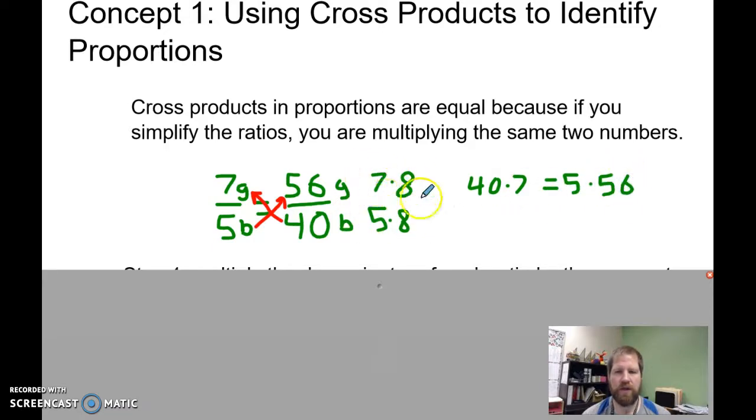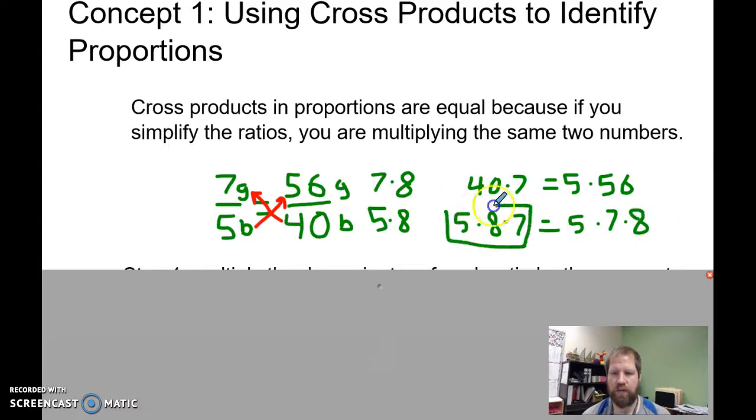Well, if I look back to where I've already factored those, this is basically 7 times 5 times 8, and this one is 5 times 56, which is 5 times 7 times 8, and you can see that I have the same numbers that I'm multiplying together. So these are going to be equal. That's basically what you are looking for with your cross products.